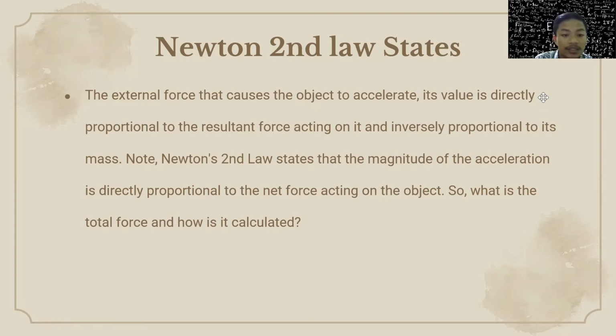Newton's second law states that the magnitude of the acceleration is directly proportional to the net force acting on the object. So what is the total force and how is it calculated? We will see how to calculate the resultant force in the next picture.